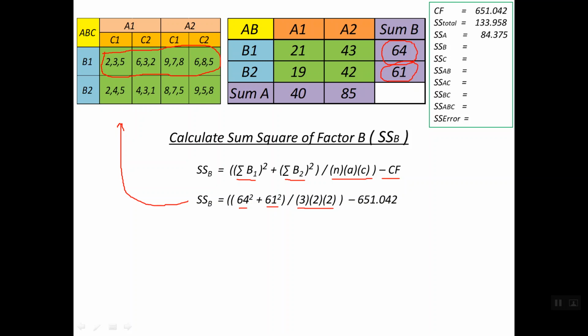What about the number of observations? Here in this group we have 3, and here we have 3, 3, 3. So the number of observations for B1 is equal to 12. And the 12 simply comes from multiplying 3 by 2 by 2, which is n times A times C.